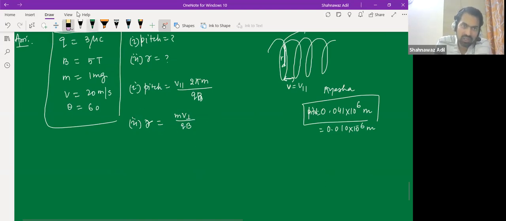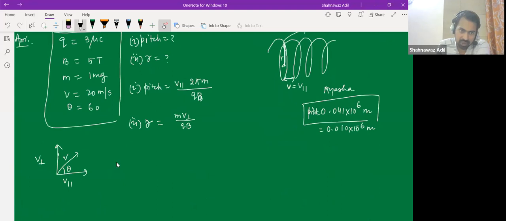So let us calculate V perpendicular and V parallel. So this is our V and this is the angle theta. This is V parallel and this is V perpendicular.